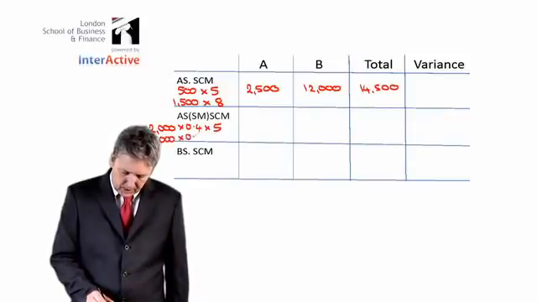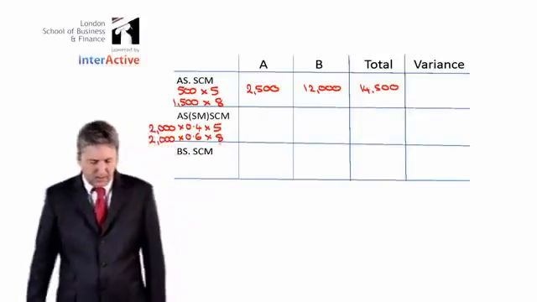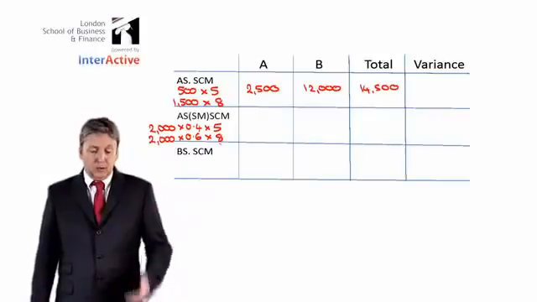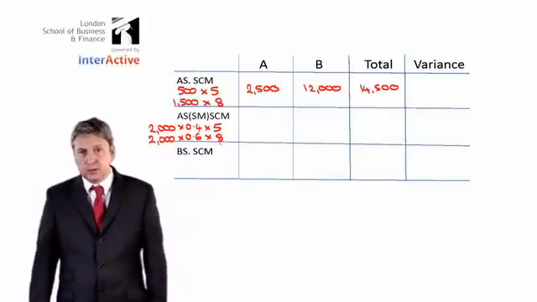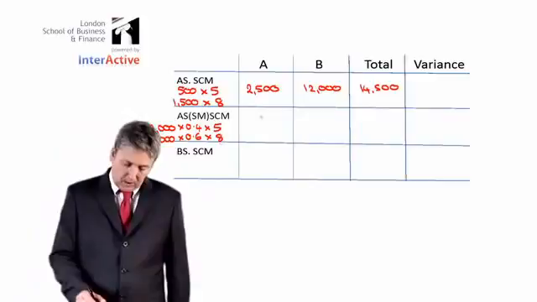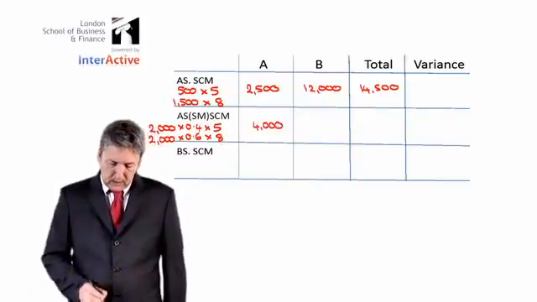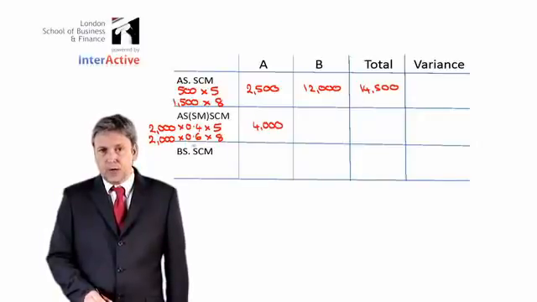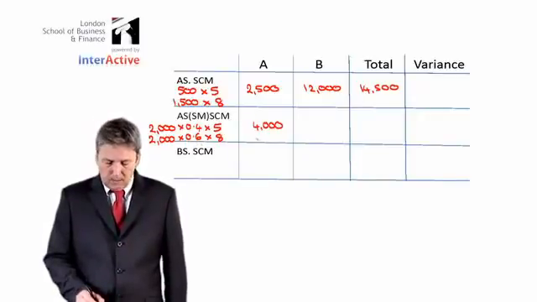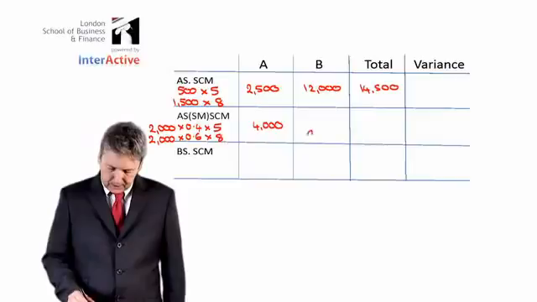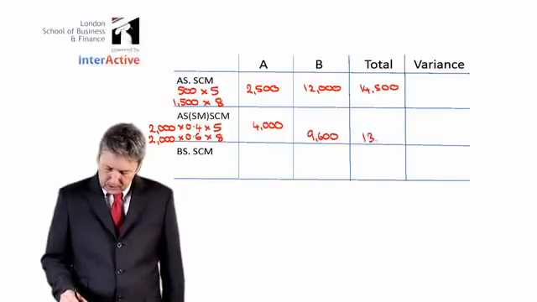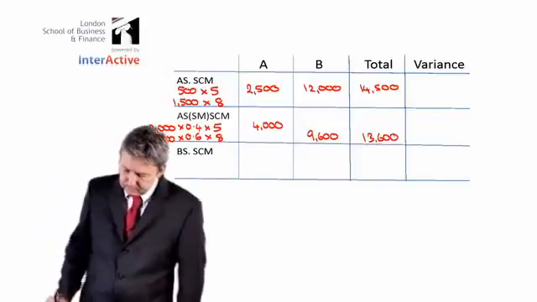And we expected 60% to relate to B, and that had a contribution of 8. So, 40% of 2,000 comes to 800. 800 multiplied by 5 is 4,000. 60% of 2,000 is 1,200, multiplied by 8 comes to 9,600. A total here of 13,600.